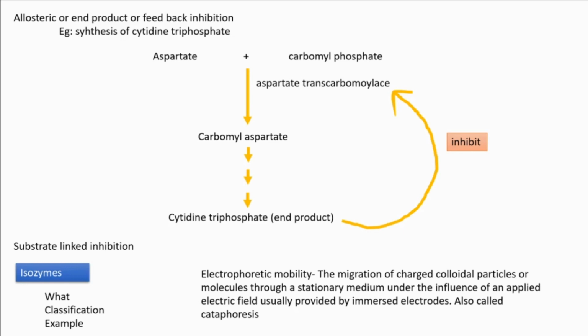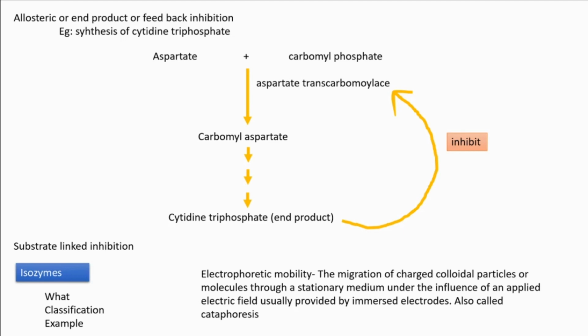What's the difference? Homologous isozymes are usually produced by multiple alleles of the same gene. Alleles mean alternative forms of a gene.